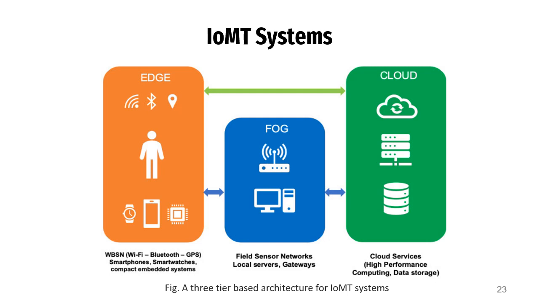And we also have different types of communication protocols like Bluetooth, Wi-Fi, cellular, etc. The fog node or layer contains field sensor networks, local servers, and gateways which connect the cloud to the edge.